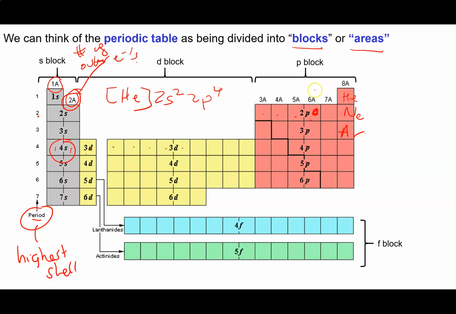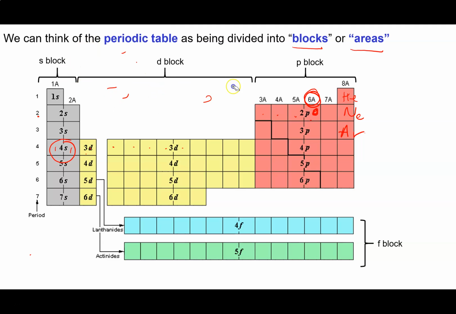And I could check whether I was right, because this element should have a total of 6 outer electrons. So 2 plus 4 equals 6. Its outer shell is 2, and its period is 2. So very quickly I can get the condensed or abbreviated electron configuration when I think about the periodic table as being divided into S, P, and D blocks.